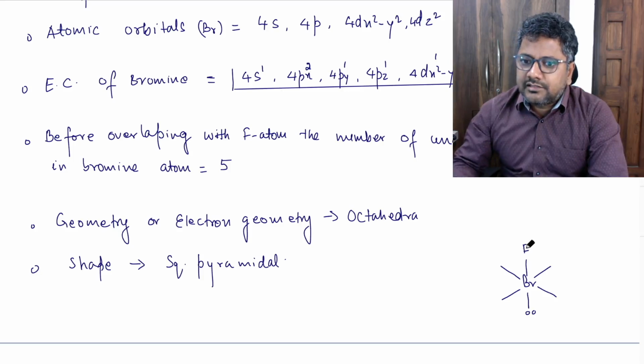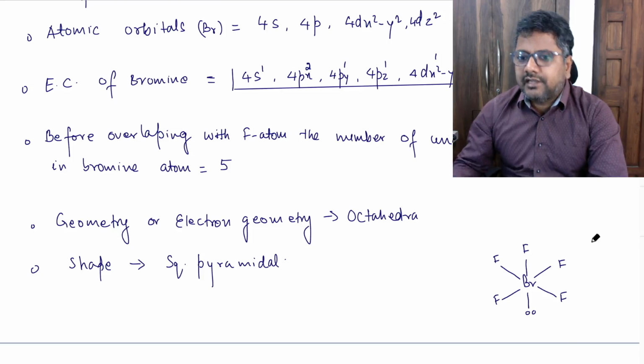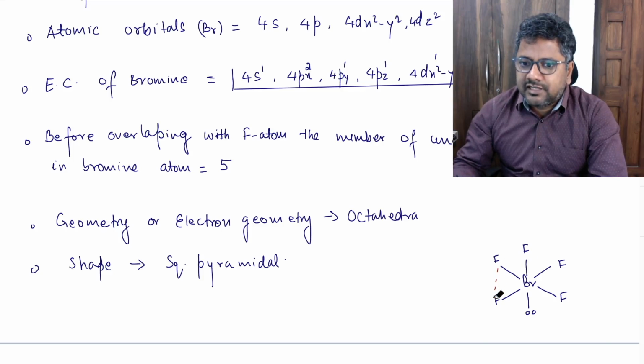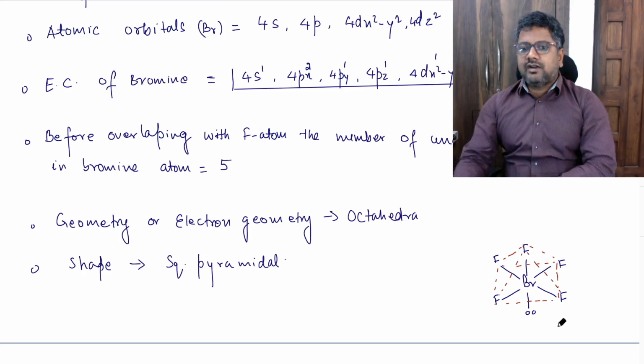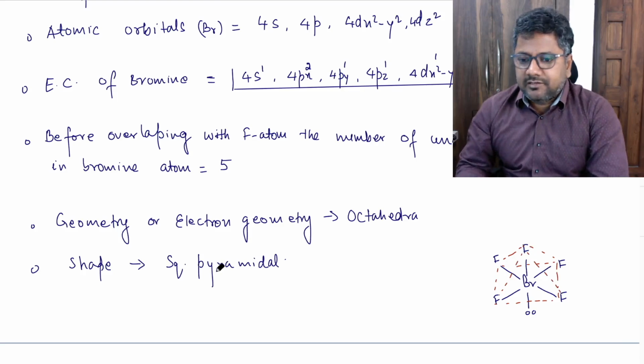So the fluorines here will form the base of the square, and this is the pyramidal shape. So this is a square pyramid.